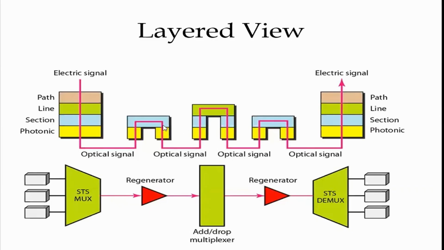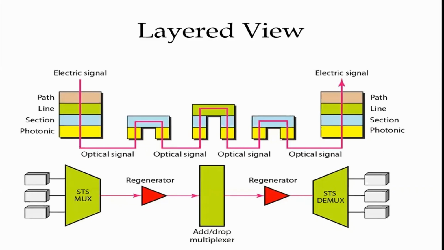And as you all know, the entire network is going to be your optical network, and hence it is the photonic layer. So the physical layer is otherwise called the photonic layer in SONET. This is the path through which the optical signal is going to propagate.